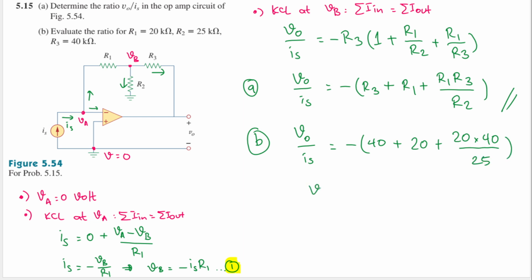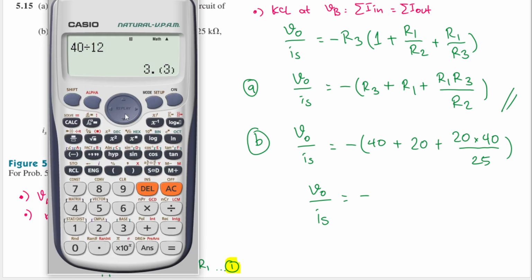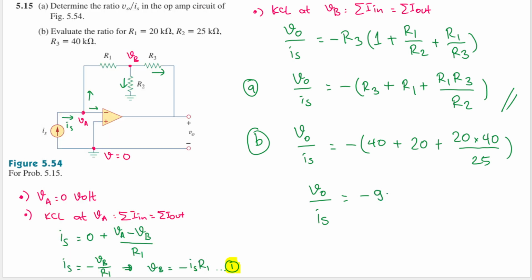Let's put that into the calculator. So we will have 20 multiplied by 40 divided by 25, and then plus 40 plus 20. Okay, and that will be minus 92.